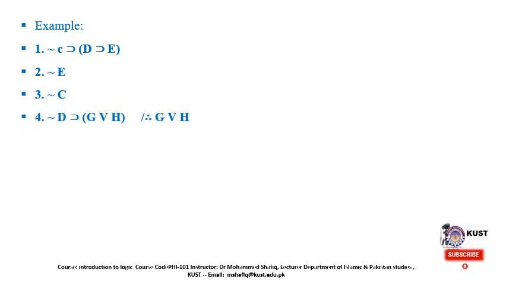For example: not C, then if D, then E. Not E. Not C. Not D, then either G or H. Therefore, G or H. If D, then E. So in premises 1 and 3, modus ponens is applied.